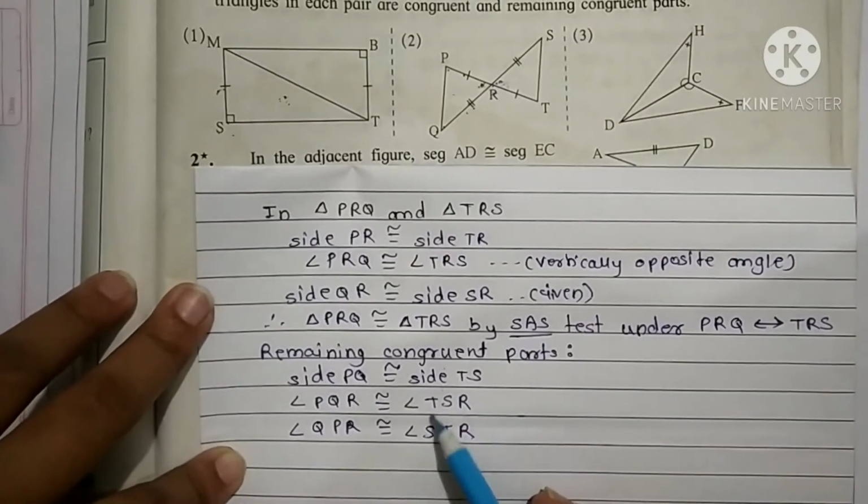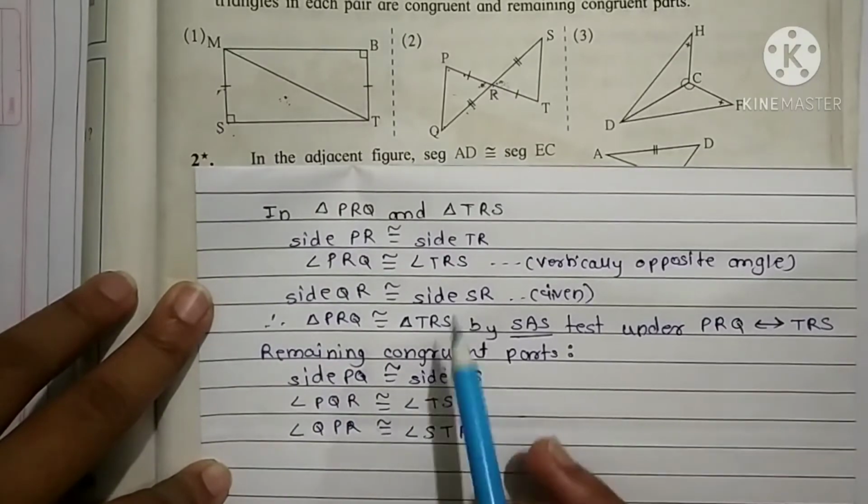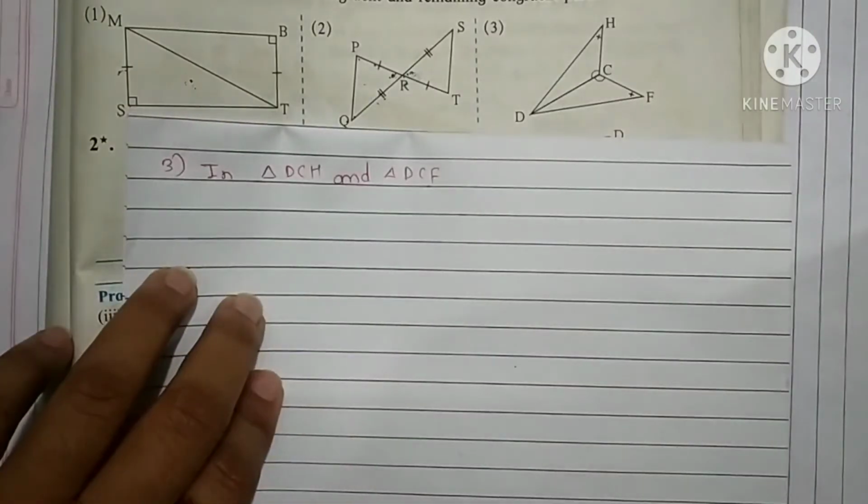These are the remaining congruent parts of these two triangles.